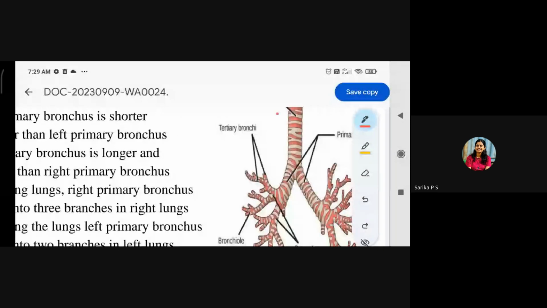You can see here, this is the trachea, this is the right bronchus, this is the left bronchus. They are being divided into 3, and 2.